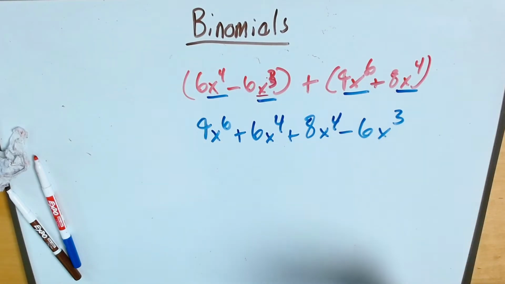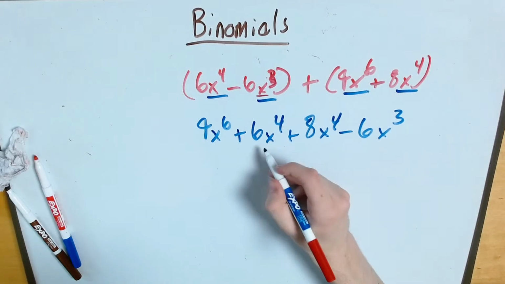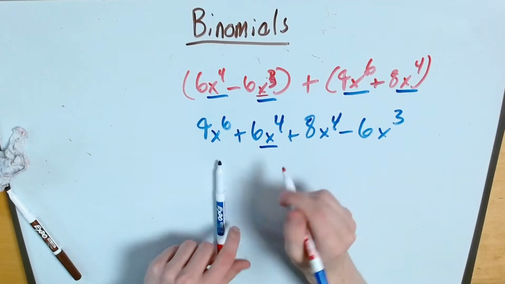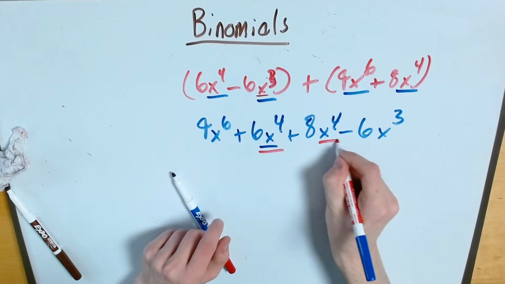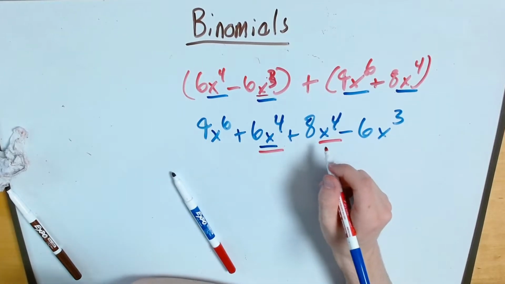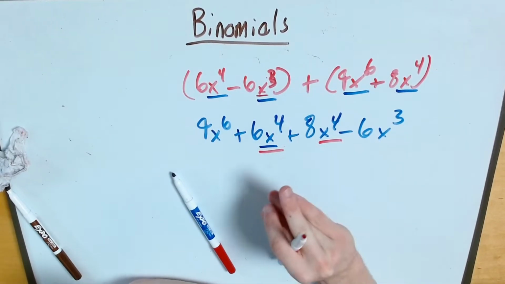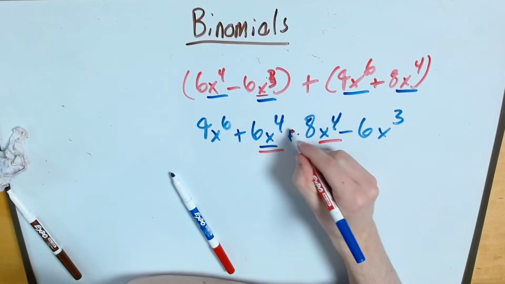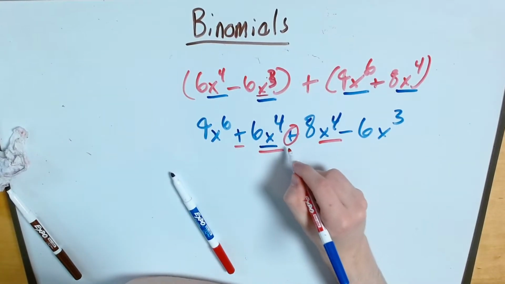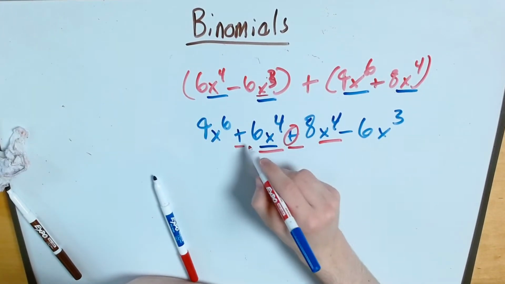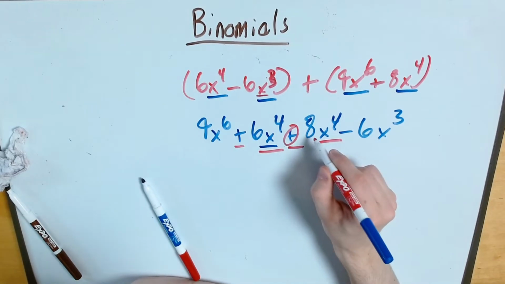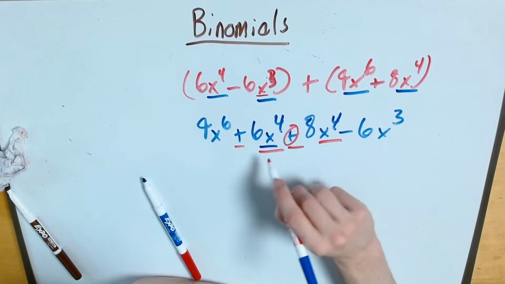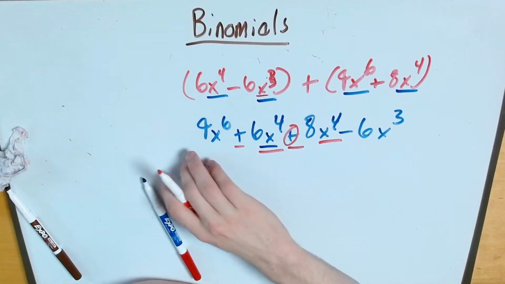Now, for the actual simplification, we notice we have two x to the 4s, so we can combine them. We notice that we're adding them, and both are positive, so we can just add together the two coefficients. We can add together 6 plus 8, and then combine them with that x to the 4.